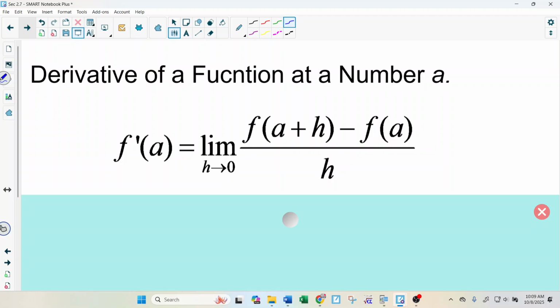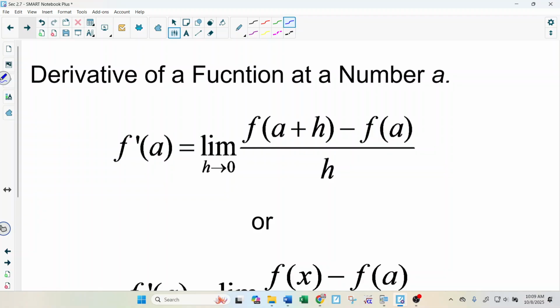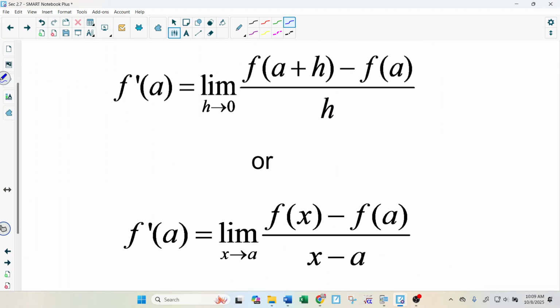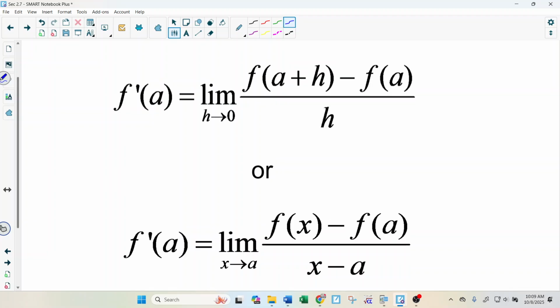You will notice the right side is the exact same formula that we've been doing. What's different is this notation on the left. So it's f prime of a, that little mark represents the derivative of the function at a.